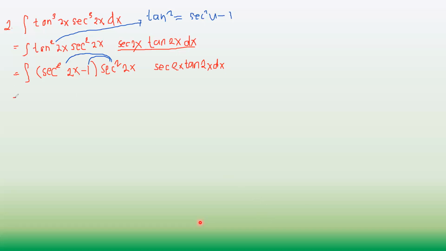So, magkakaroon tayo ng integral ng quantity secant squared secant raised to 2 plus 2. Add mula exponent. So, we have secant raised to 4, then 2x, minus secant squared times 1 is secant squared.